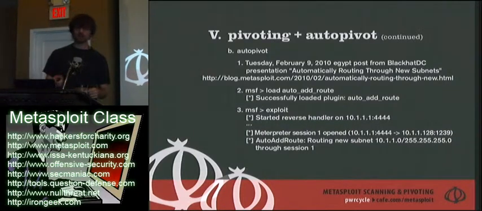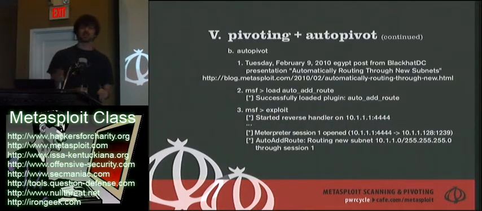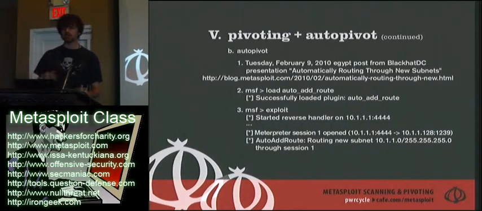You could be automatically scanning, automatically pwning, automatically adding the route, and then having more IP addresses to scan again. And it becomes a very simple, dumb loop where you don't even have to know the IP addresses. You just have to start it off and get lucky with one.